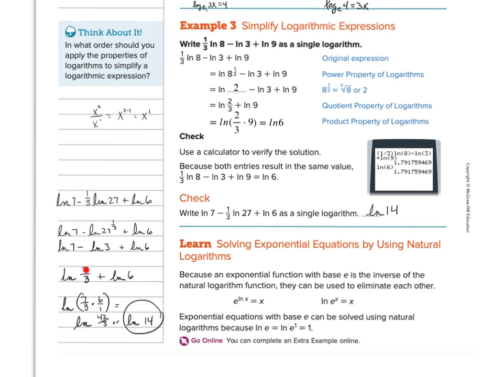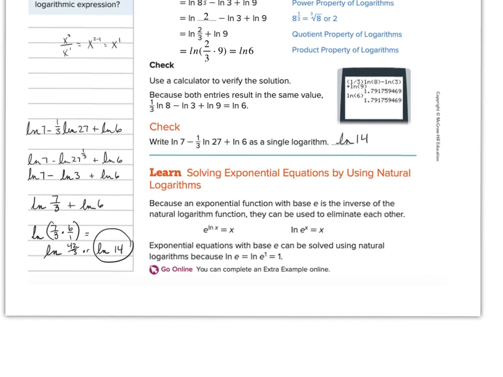So I have the natural log of 7 divided by 3 plus the natural log of 6. Plus would indicate multiplication. So I have the natural log of 7/3 times 6 over 1, or the natural log of 42 over 3, which is also equal to the natural log of 14. So that is being able to reorder into a single logarithmic expression.